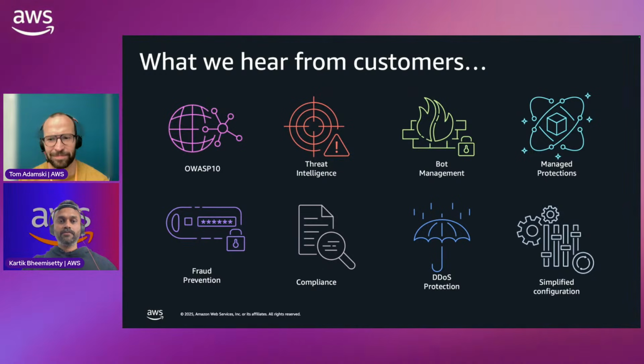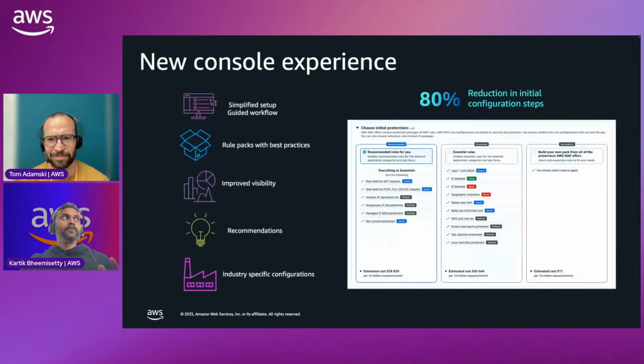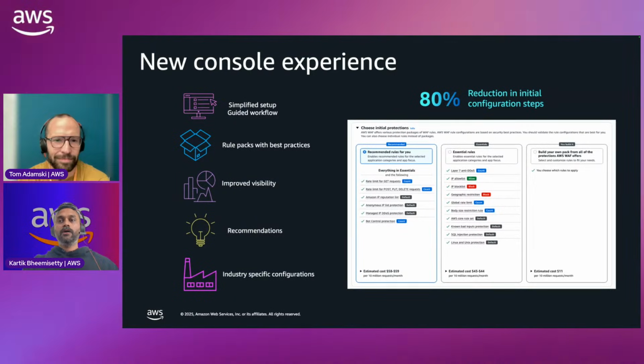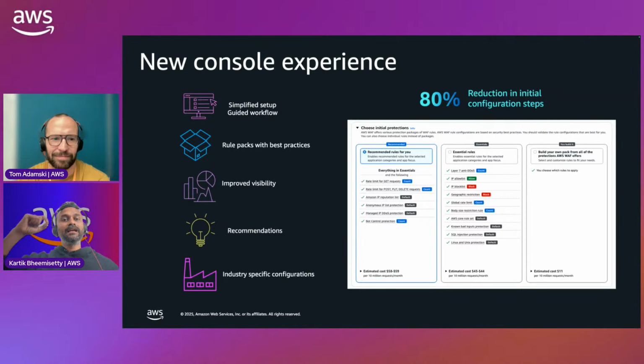Last year we launched what we call the new console experience. It's a very simplified way of configuring AWS WAF. Prior to this, users had to understand what a web ACL is, create a rule, create rule zero, understand the priority order, rule one, rule two, rule three, and define everything manually.